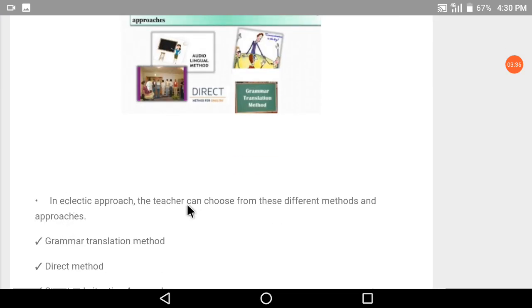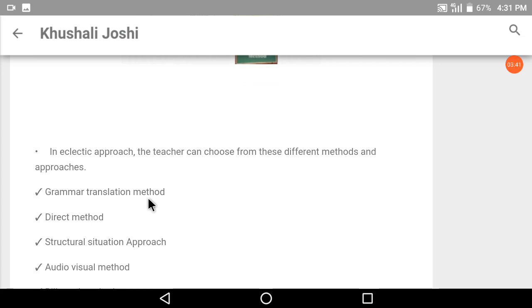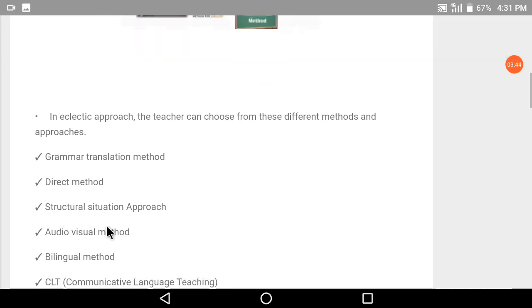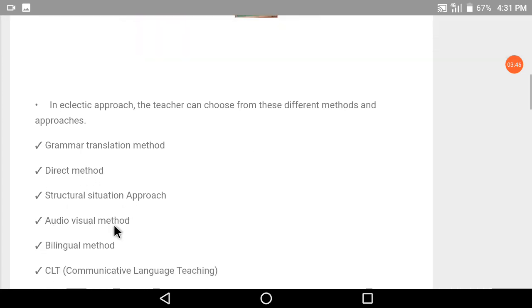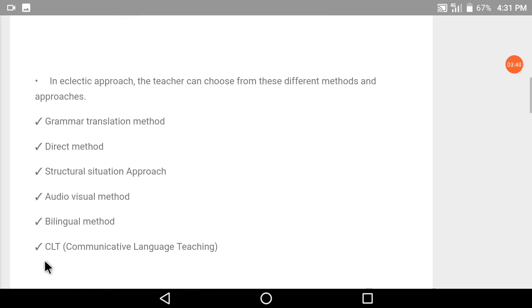In the eclectic approach, the teacher can choose from these different methods and approaches, which are grammar translation method, direct method, structural situation approach, audiovisual method, bilingual method, and CLT, which is communicative language teaching. All the methods can take place in one lesson.